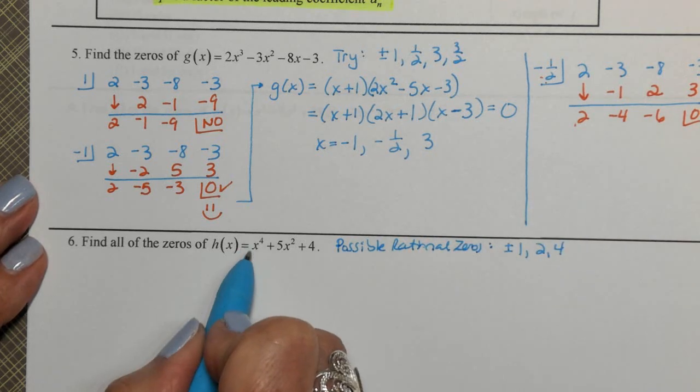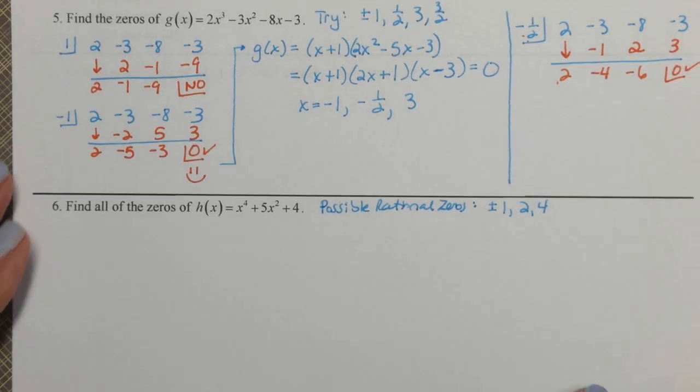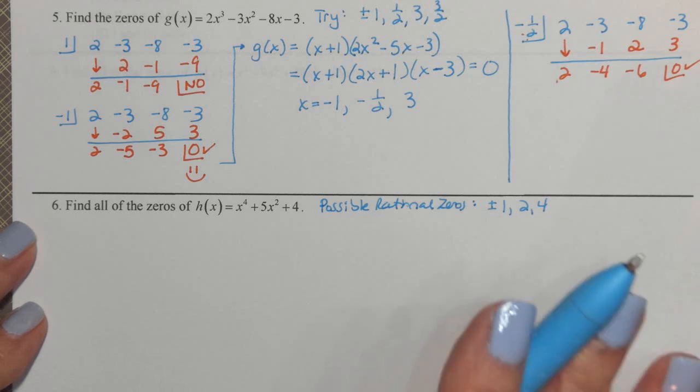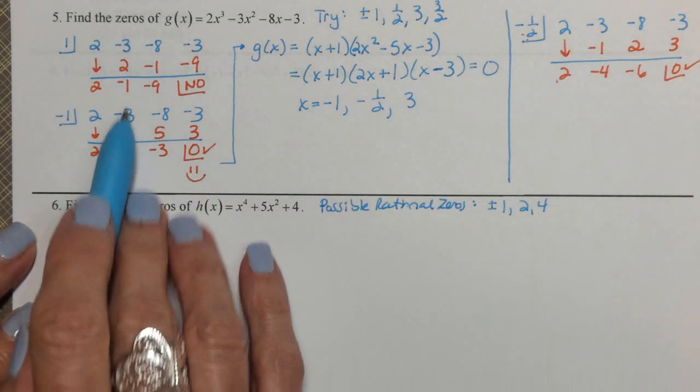I always like it when there's a 1 as my lead coefficient. Just like it makes factoring quadratics easier, it also makes finding zeros of higher ordered polynomials easier as well. So possible rational zeros are these. And I could go through the process for guess and check.